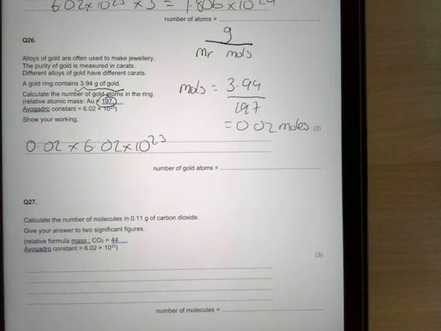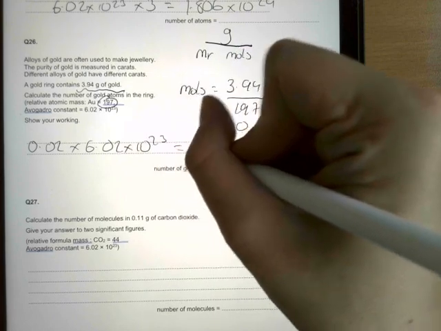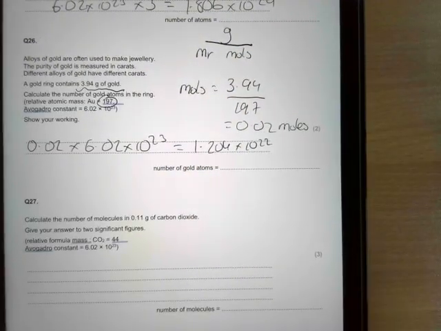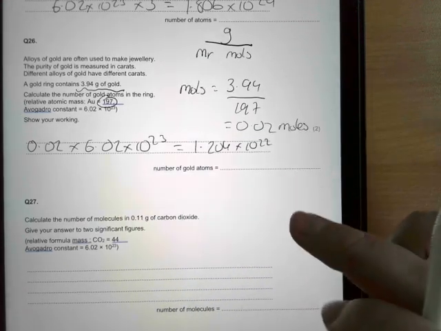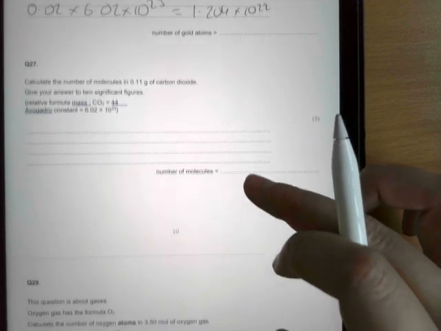Okay, times that big number. And again, you're given that number in the question. So you've got 0.02 times 6.02 by 10 to the 23, and you're going to work it out. So I'm just taking the number of moles, multiplying by that number, although this question, there was the extra step of finding moles first.